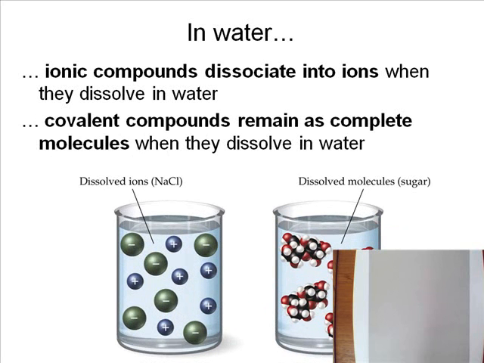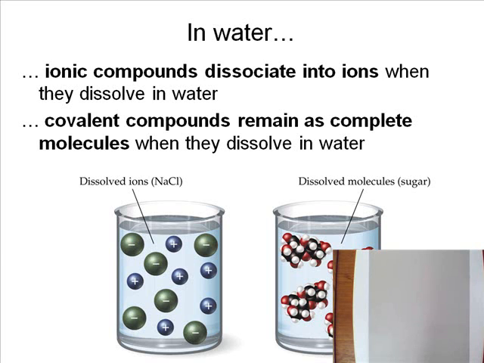Now, you have two examples here. You have the NaCl salt, and when it dissolves in the water, it dissolves because Na loses its electron to become a positive ion, and the Cl gains that electron to become a negative. You have an ionic solution. That's an aqueous ionic solution of NaCl.